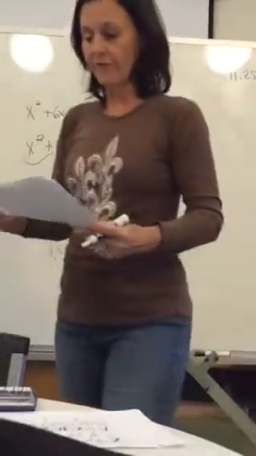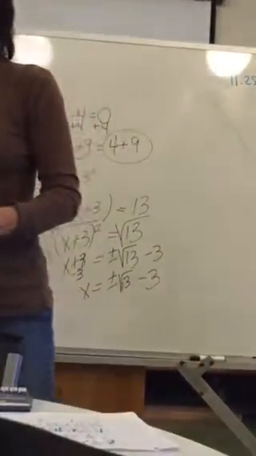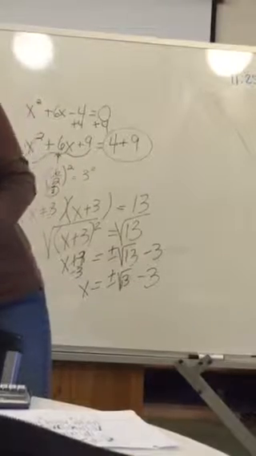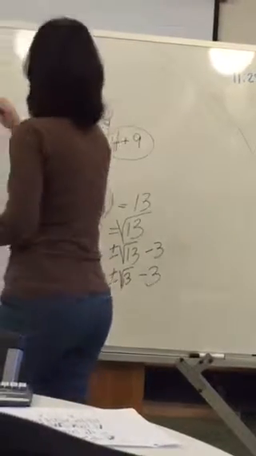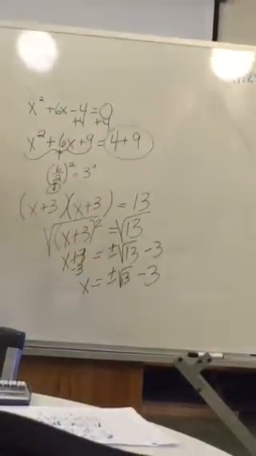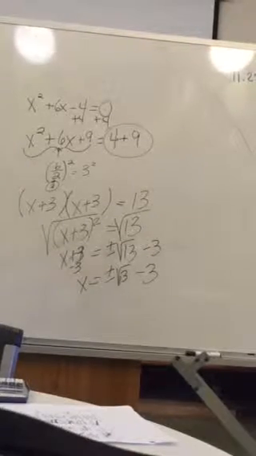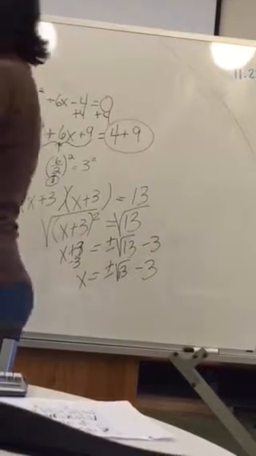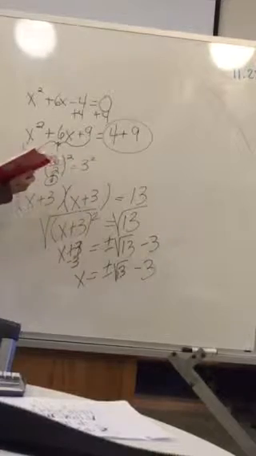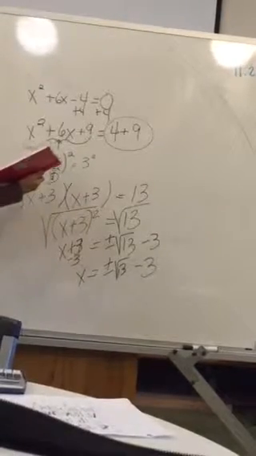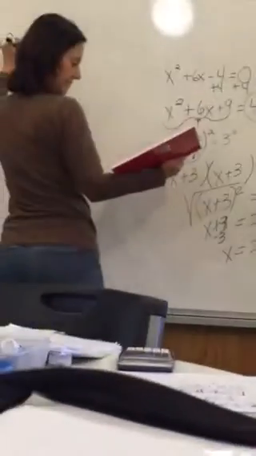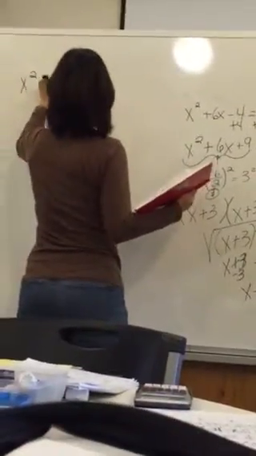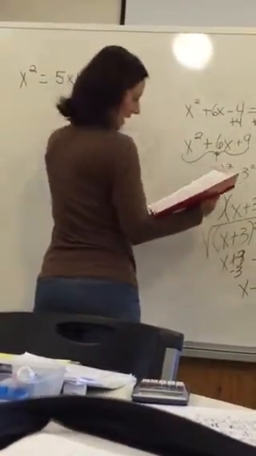All right, let's work 50.3 on page 219. So I have x squared equals 5x minus 5.